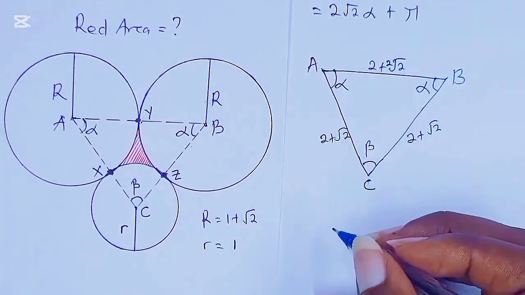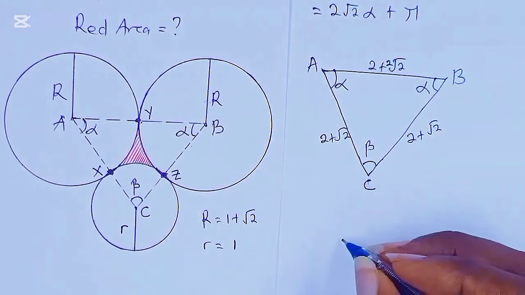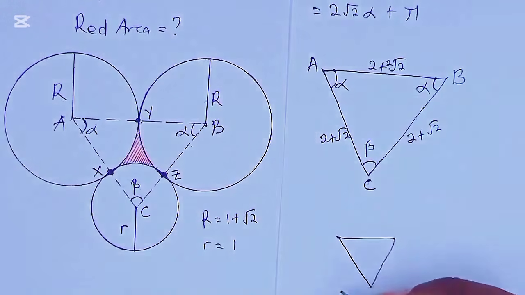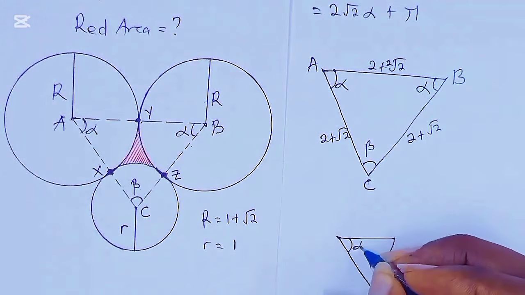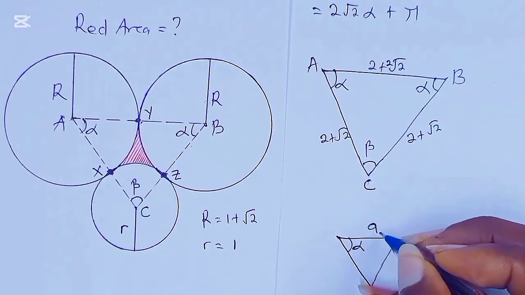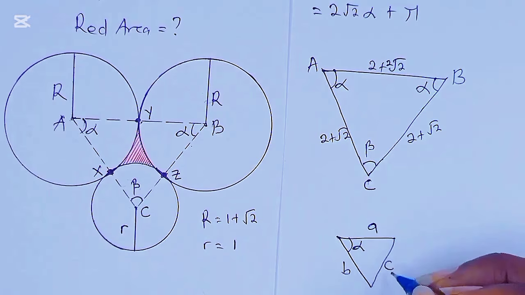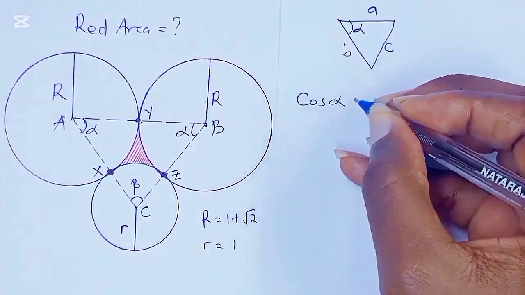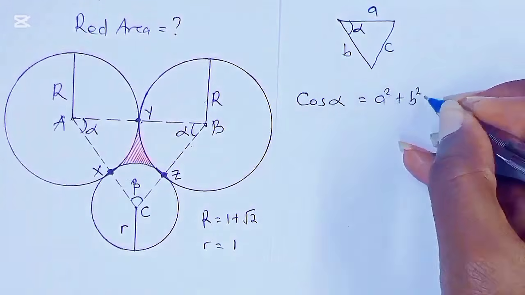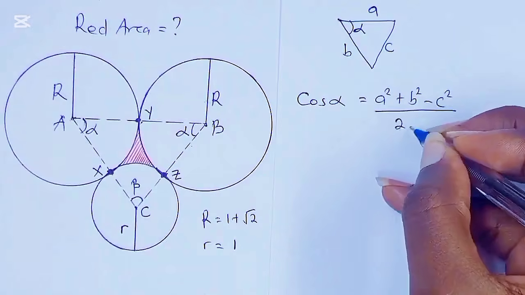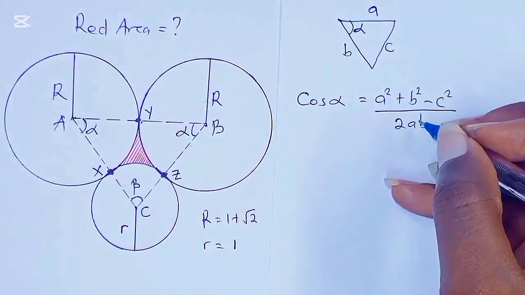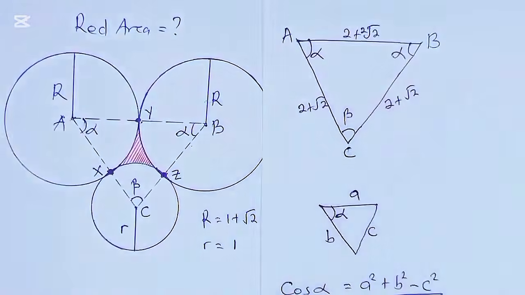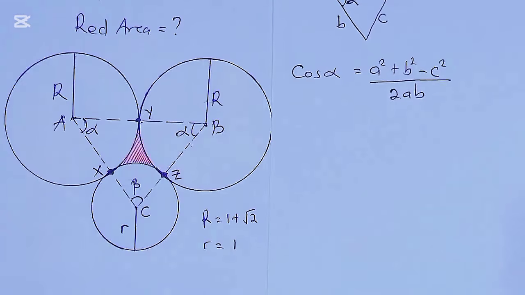So we know that in a triangle, if this is alpha and this is A, this is B, and this is C, then cos alpha is equal to A squared plus B squared minus C squared divided by 2AB.